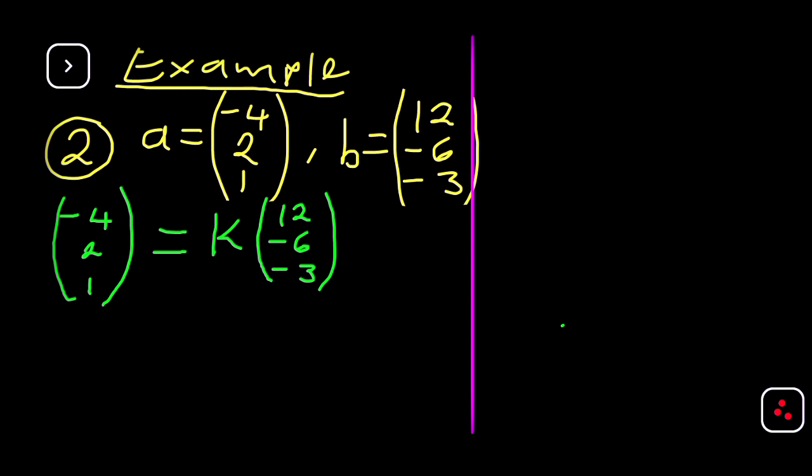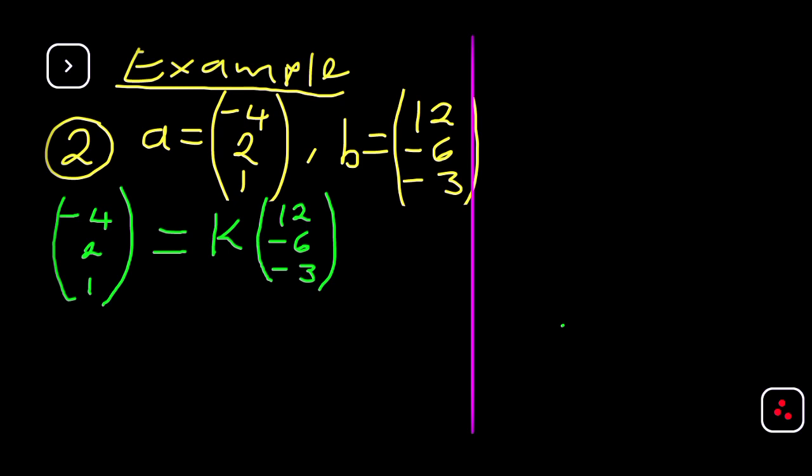Then we are going to form three equations here, and in each equation we'll be solving for the value of k. When you take 12 divided by -4, you get -3. If you take -6 divided by 2, the value of k will be -3 also.